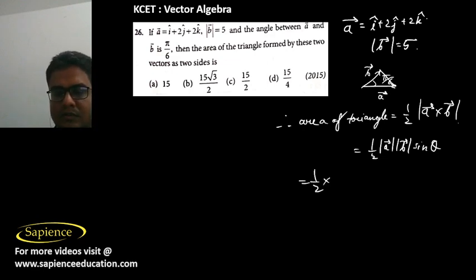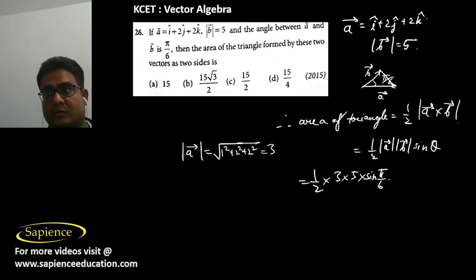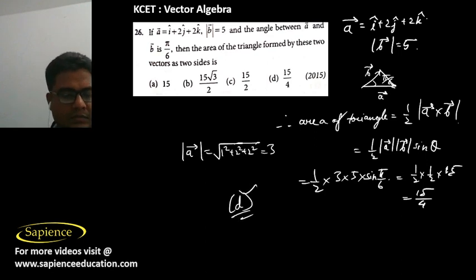This is half of magnitude of A, and magnitude of A is square root of 1 square plus 2 square plus 2 square, that is 1 plus 4 plus 4, 9, so this is 3. It's 3 into 5 into sine pi by 6. Pi by 6 means 30 degrees, sine 30 is half. It is half into 15, so 15 by 4. Option D is the correct answer.